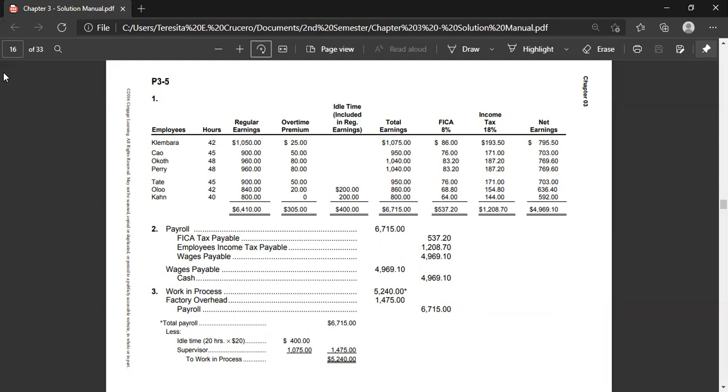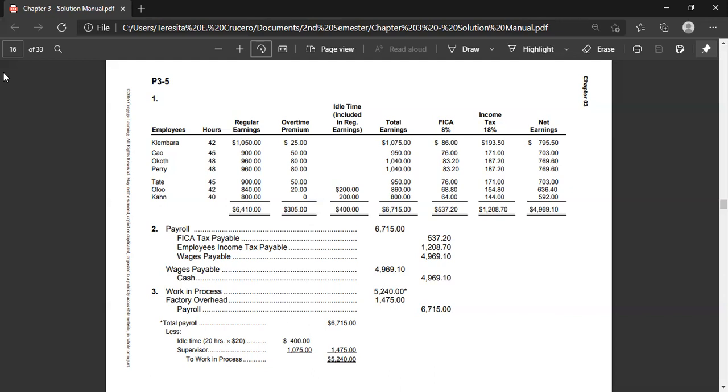Okay, so we now get the number of hours for the regular earnings for Klimbara. Now the regular earnings, but we are given the total here. However, we are going to state the individual salary.